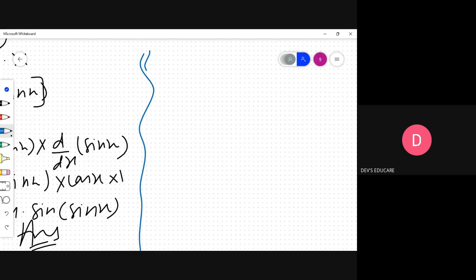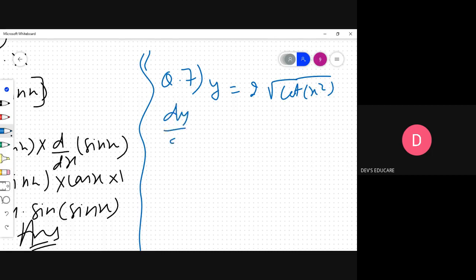So question number 7. y equals 2 root cot of x square. So dy by dx, differentiating with respect to x, 2 d by dx of root of cot x square. So 2 times the derivative of root x, which is 1 upon 2 root x.